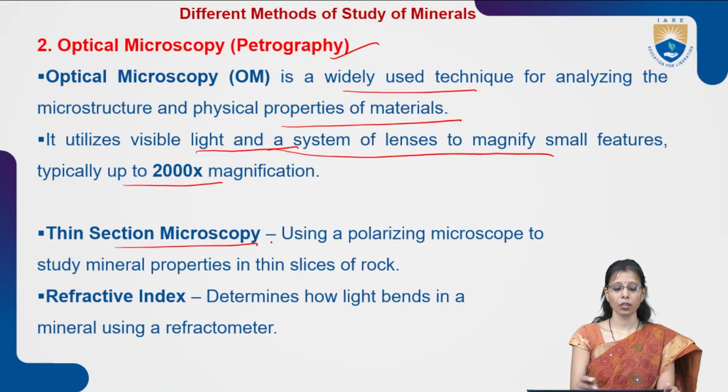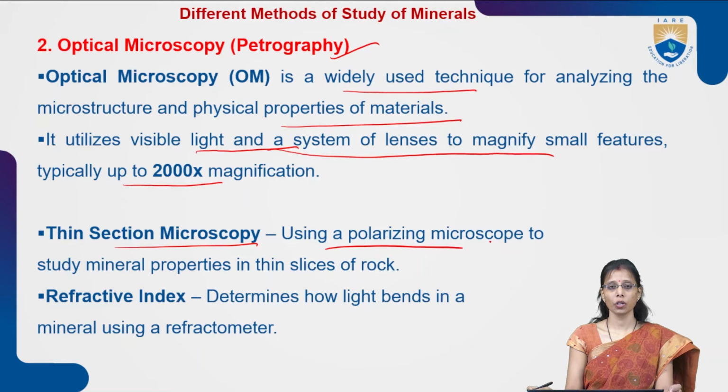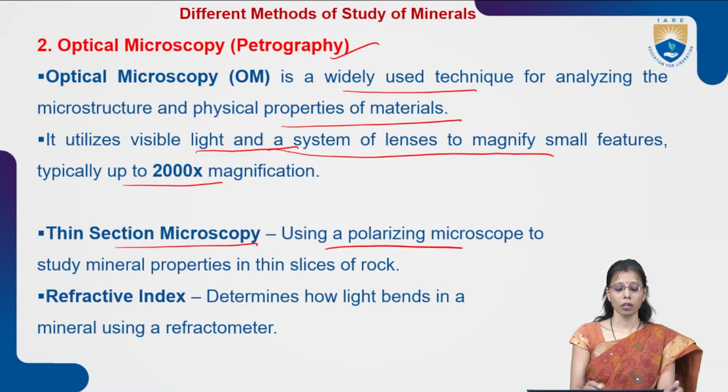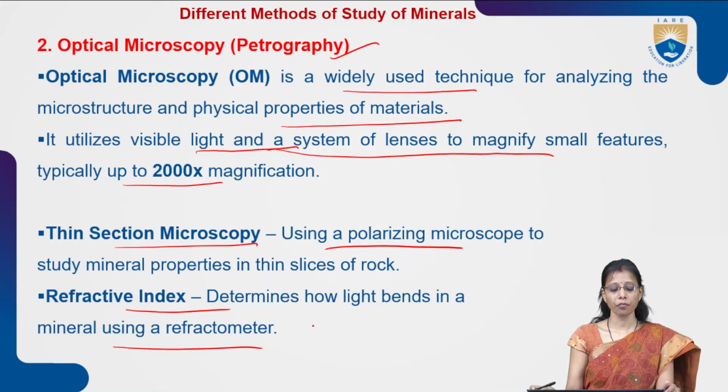So what is thin section microscopy? Here we use a polarizing microscope to study the mineral properties in thin slices of rock, or the refractive index, which determines how light bends in a mineral, using a refractometer.